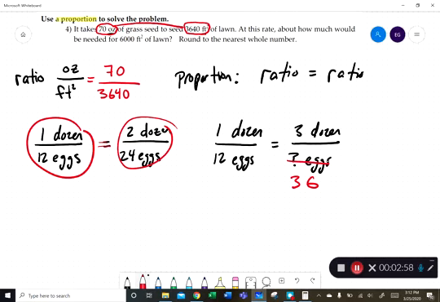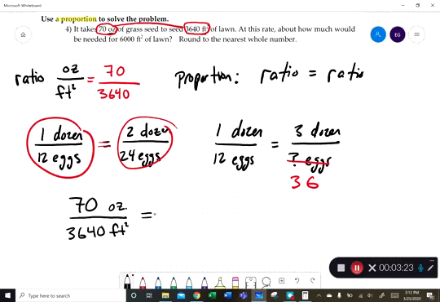All right, so now let's use this premise in the context of this problem. 70 ounces will cover 3,640 square feet of lawn.